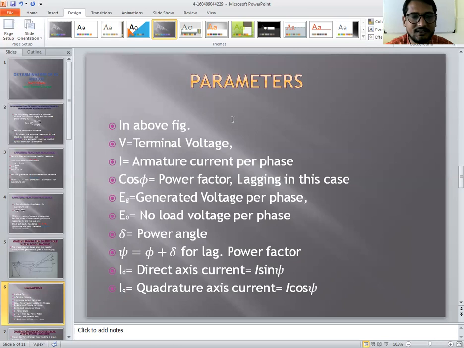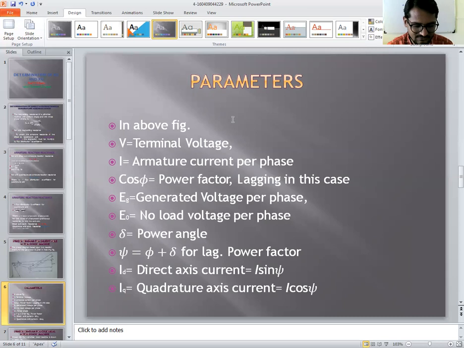I will explain some parameters in brief. Along the D axis, the air gap is minimum. Therefore, the reluctance is minimum. Due to this, flux linkages are maximum, and the EMF in the stator is maximum, equal to E max, as E is proportional to phi. Therefore, L is maximum, and the value of L is N phi upon I. As L is maximum, the inductive reactance XL is maximum.